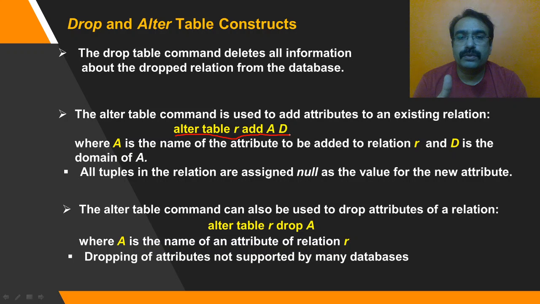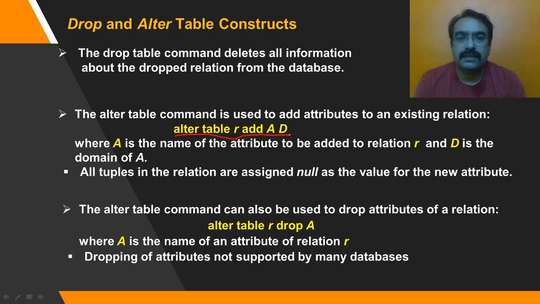I want you to write a create table command for all six relations, along with the integrity constraints of primary key and normal not null, that you assume by yourself. You know which is a primary key, and you know which value should not be null. So you work on that.